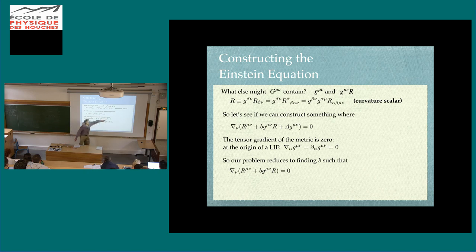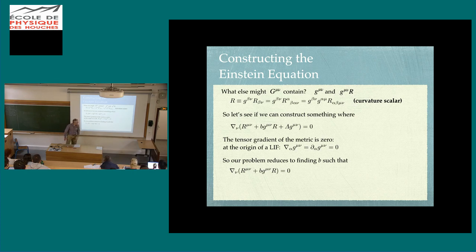So the first derivatives of the metric are automatically 0 in a locally inertial frame. Okay, so this term is fine. I don't need to worry about that. The divergence of that is going to be automatically 0.